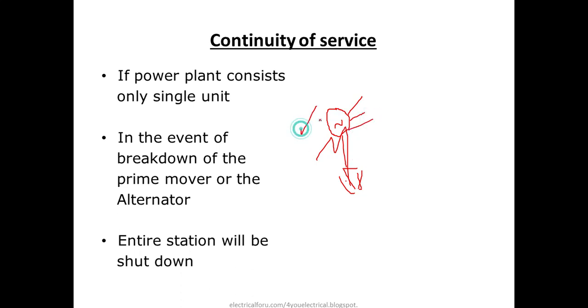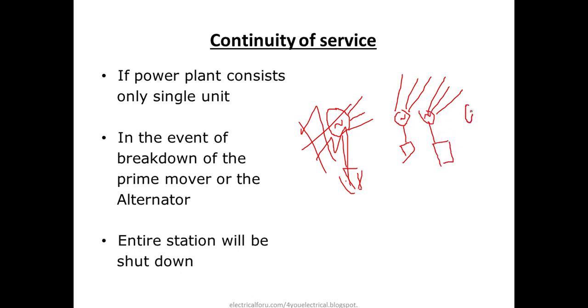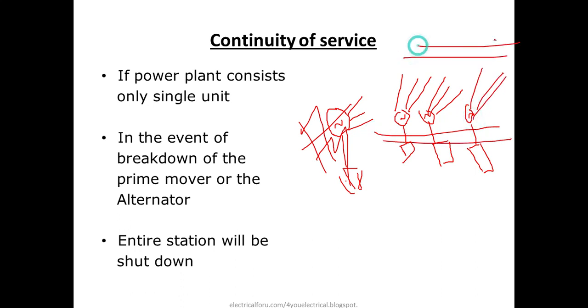To avoid such conditions, we use parallel operation of the alternators along with the turbines. Whatever generator output there is, it is given to the same bus along with the other alternator sets. We use different alternator sets, small units, all run at the same speed, and they feed the synchronous bus.